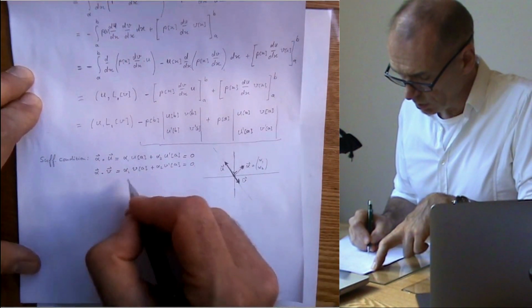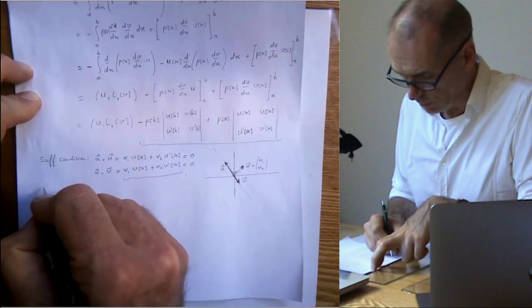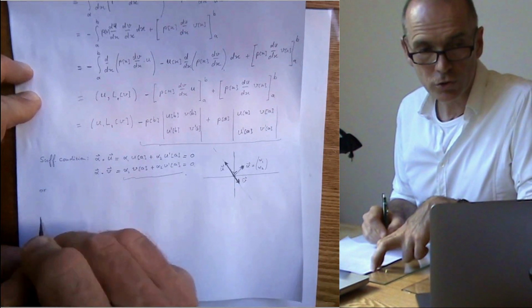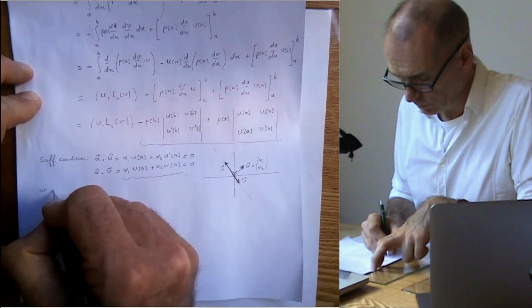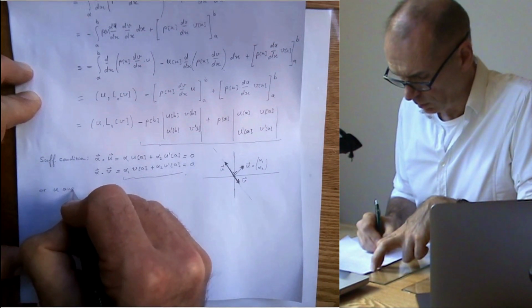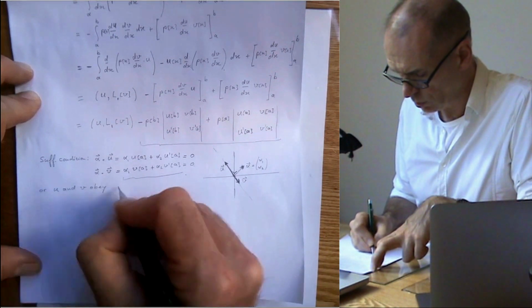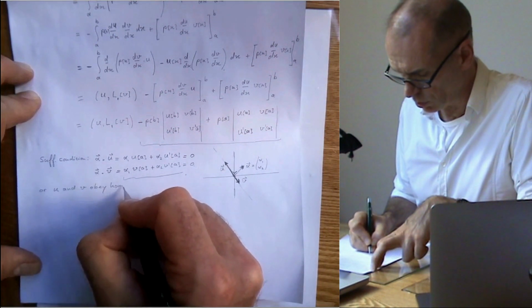In other words, u and v obey homogeneous Robin conditions.